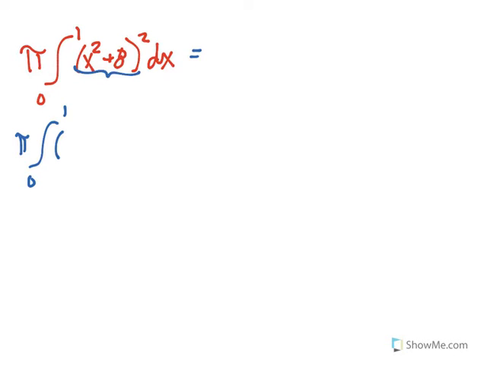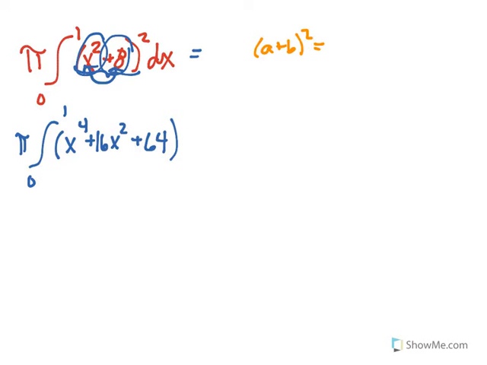Remember, squaring anything is square the first term, x squared, x to the fourth, square the last term, 8 squared is 64, and the middle term is multiply these two. This is just foiling, it's the fast way. 8 times x squared is 8x squared, and you double that, 16x squared. The rule on that is actually, this is an aside, a plus b squared equals a squared plus 2ab plus b squared. It always works.